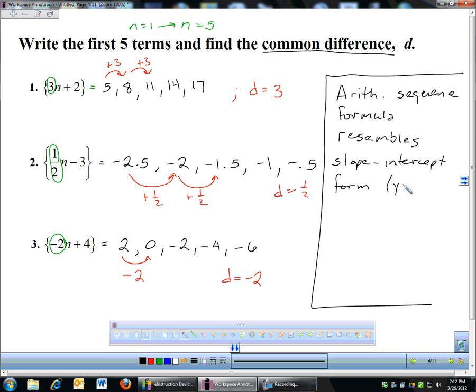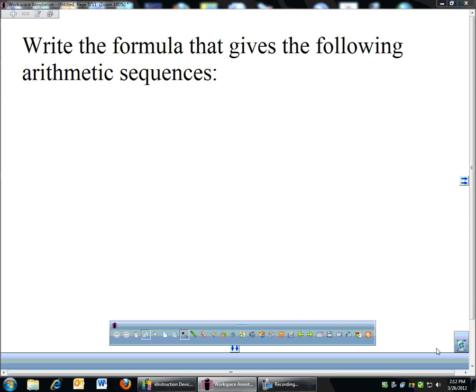And that's your old-fashioned y equals mx plus b, where the common difference is the slope. And then you have to use other stuff to find out what b is, but you notice the common difference is the slope. And we'll use that on these kinds of problems.